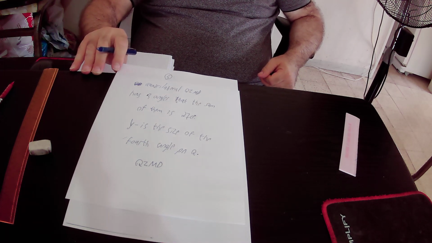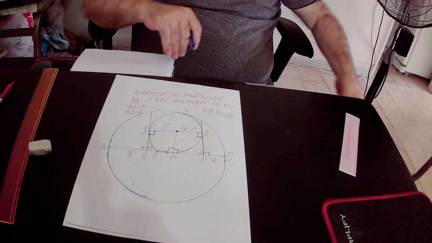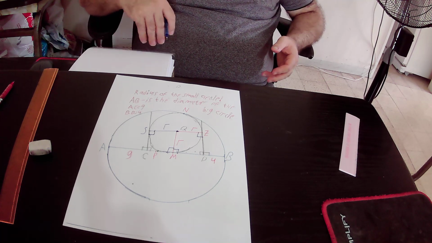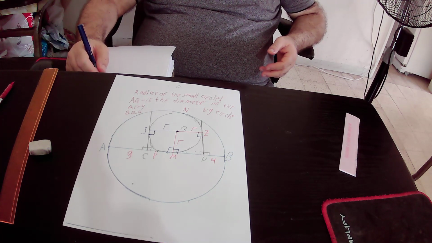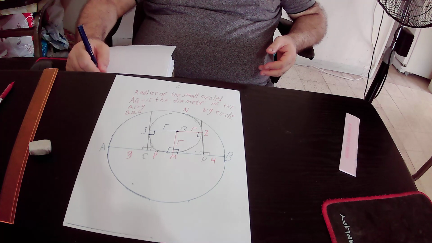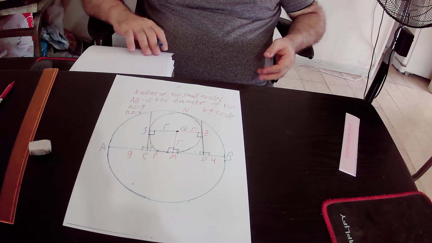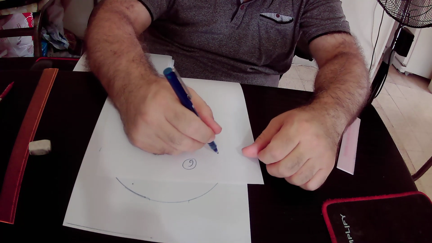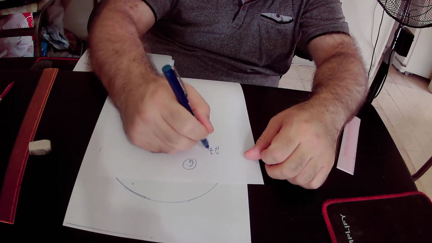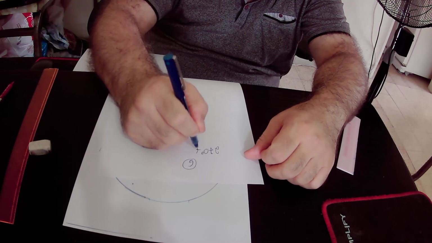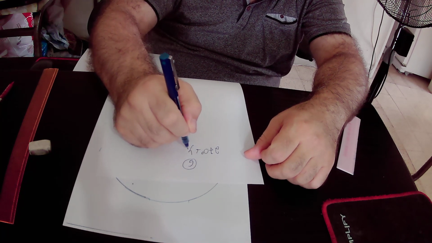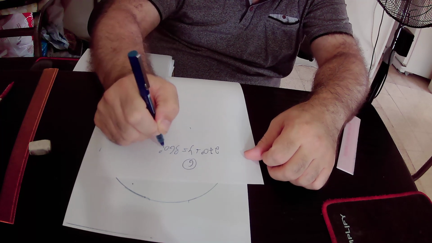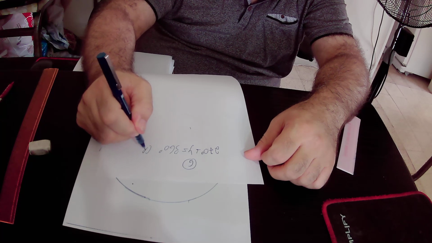Therefore, according to rule number 2, which states that the sum of the angles inside the quadrilateral equals 360 degrees, 270 degrees, that is the sum of the three angles, plus the size of the fourth angle, must be equal to 360 degrees.